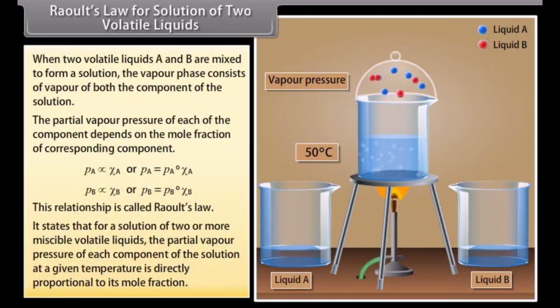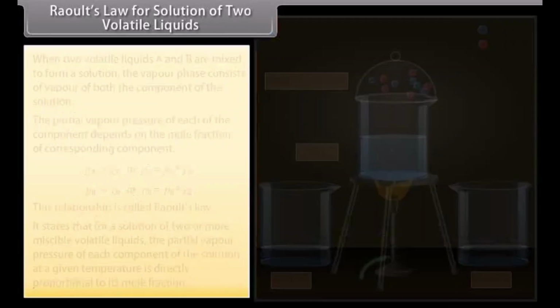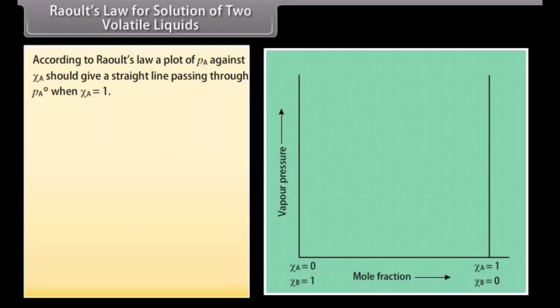It states that for a solution of two or more miscible volatile liquids, the partial vapor pressure of each component of the solution at a given temperature is directly proportional to its mole fraction. According to Raoult's law, a plot of PA against XA should give a straight line passing through P°A when XA is equal to 1.